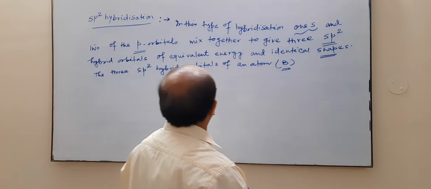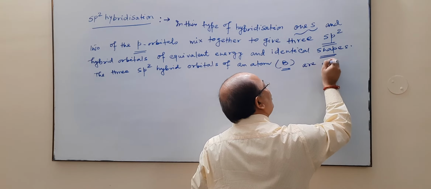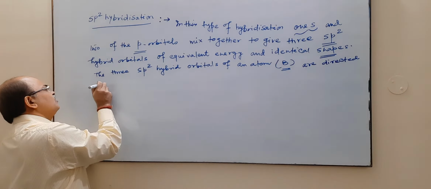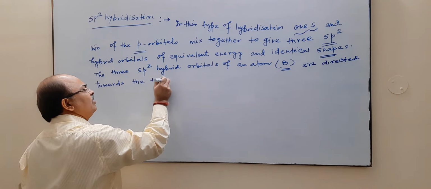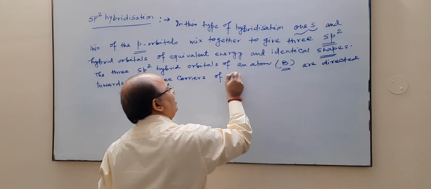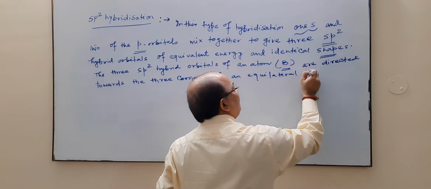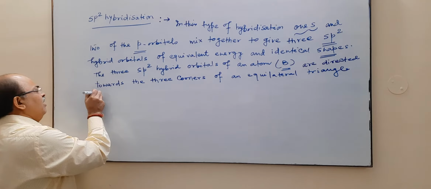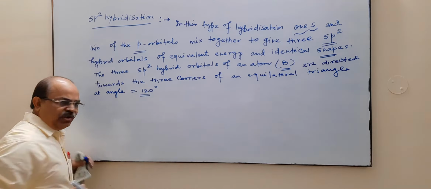So the 3 sp2 hybrid orbitals of an atom are directed towards the three corners of an equilateral triangle at an angle equal to 120 degree.